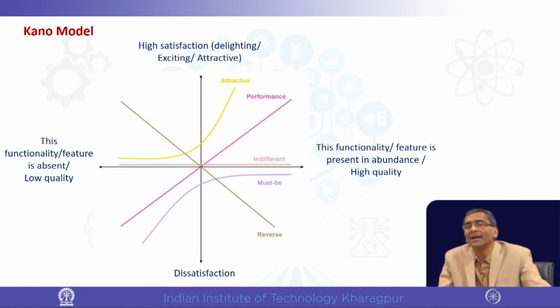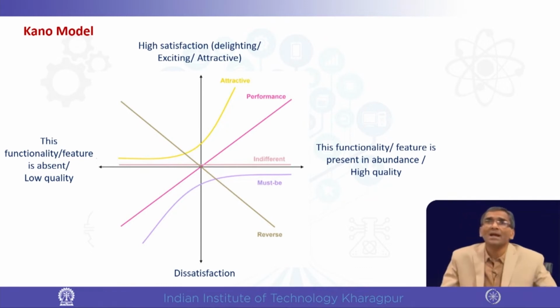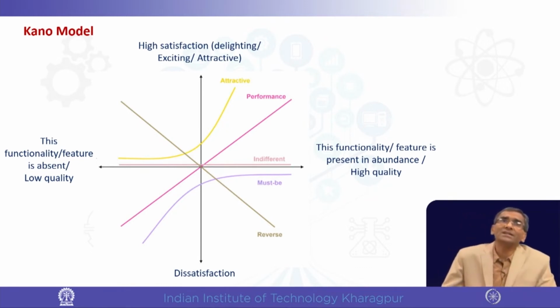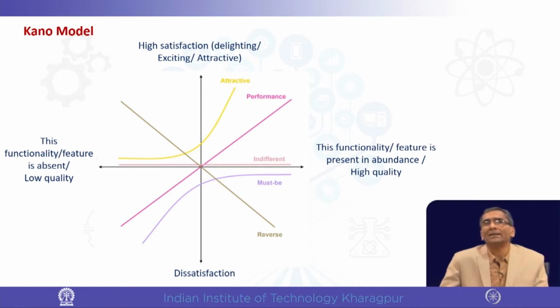On the right side is the functionality of features that is present, and on the left side is the functionality or feature that is absent or available in low quality. The yellow curve shows the attractive feature: if it is absent, people are not dissatisfied, but if it is present, people are very happy.